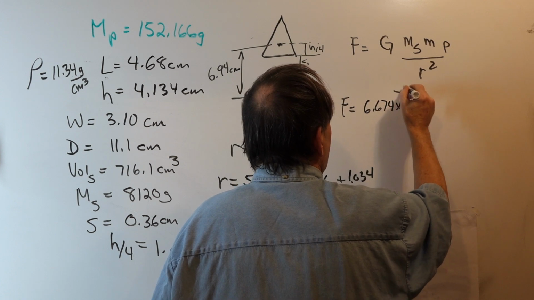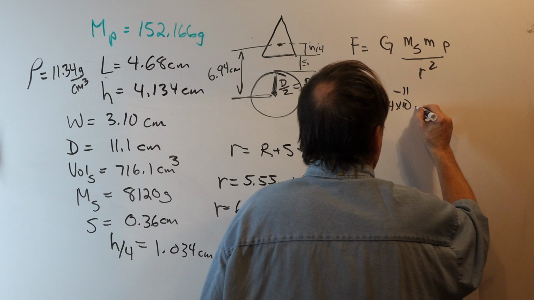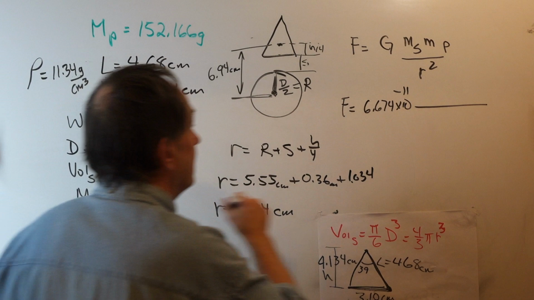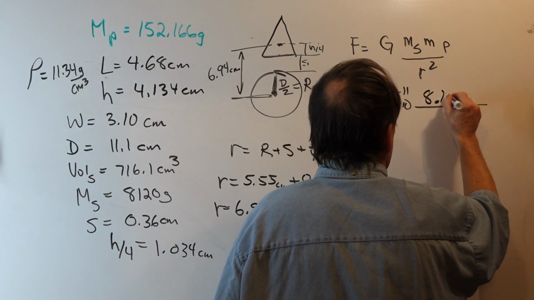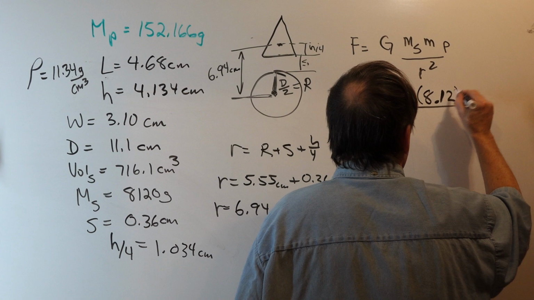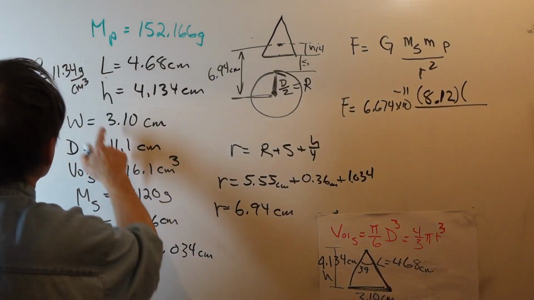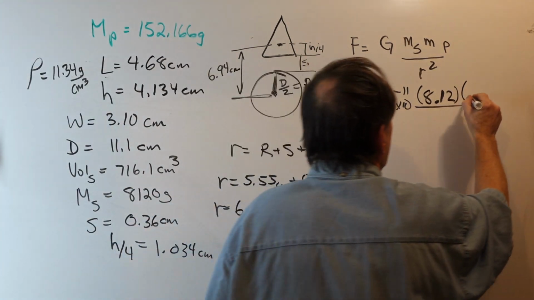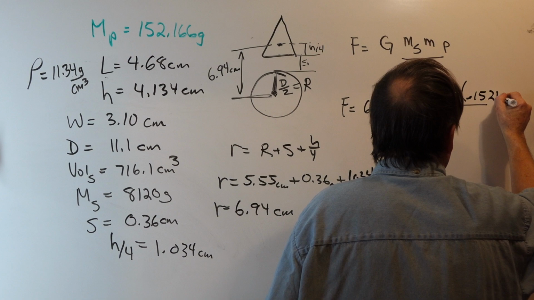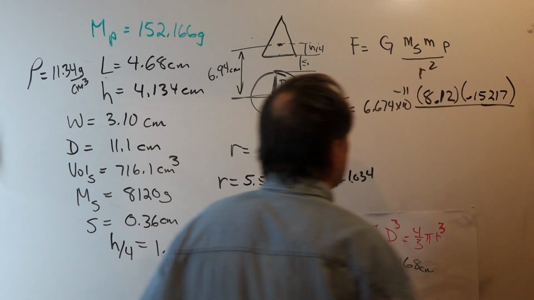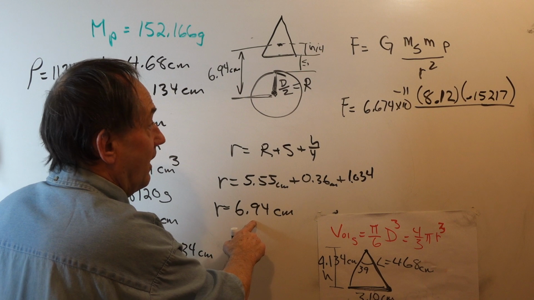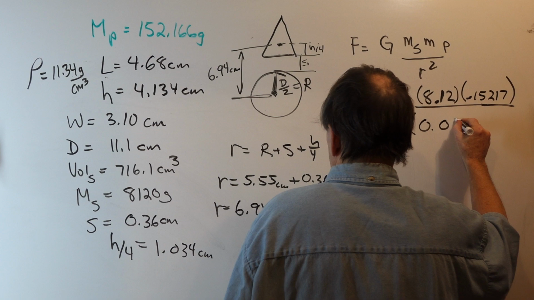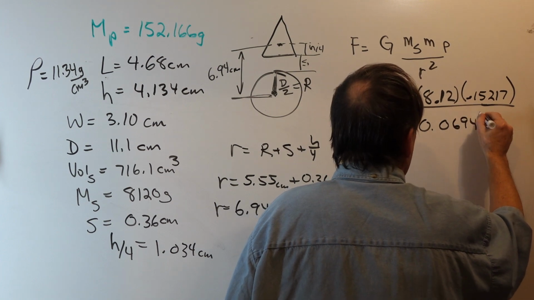So in using this equation, G is 6.674 times 10 to the minus 11th. And then the mass of the sphere, the masses have to be put in kilograms. So the mass of the sphere is 8.12 kilograms. And then the mass of the pyramid in kilograms is 0.15217, we'll call it. And then R squared, R has to be in meters. So this is 0.0694 squared.